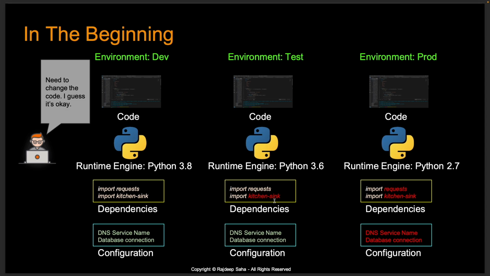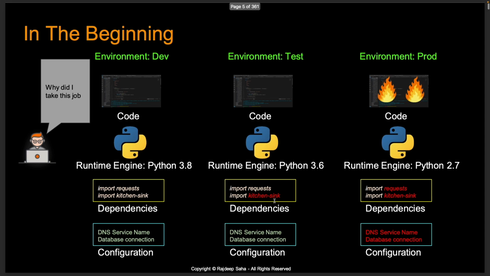So it creates a problem for the developer, who would need to change the code according to the runtime engine, but that's not possible. The developer was like, I wrote the right code and took all the dependencies and configuration, so why is it going to fail on the prod environment?